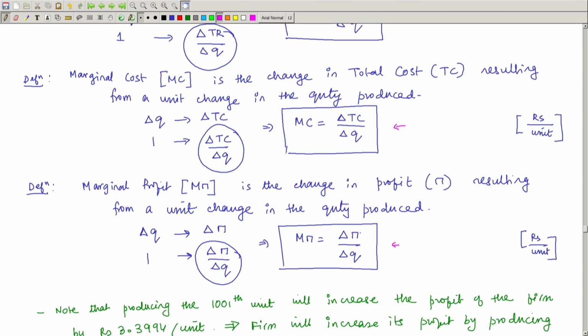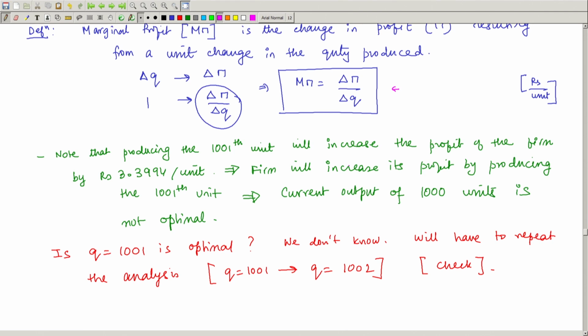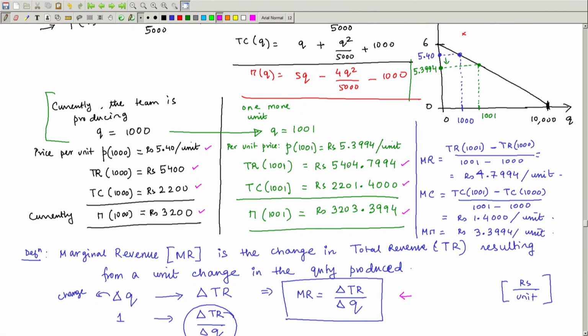Now, we can compute the marginal revenue in numerical values by simply computing the total revenue of producing 1001 units minus the total revenue from 1000 units, divided by 1. Similarly, the marginal cost is the total cost of 1001 minus the total cost of 1000, divided by 1, and the marginal profit also is the profit from 1001 units minus the profit of 1000 units, divided by 1.